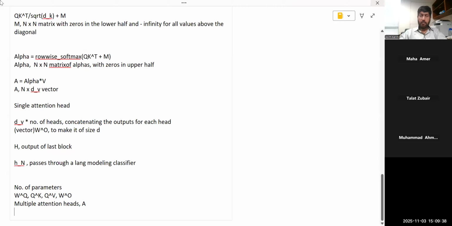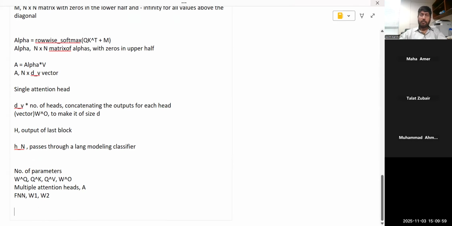That's one thing. Secondly, you have a feed forward neural network, which has two matrices, W1 and W2, as parameters. Okay? And this together is one block. How many blocks are there? There are L blocks. So if I want to write it in words, what would you have?